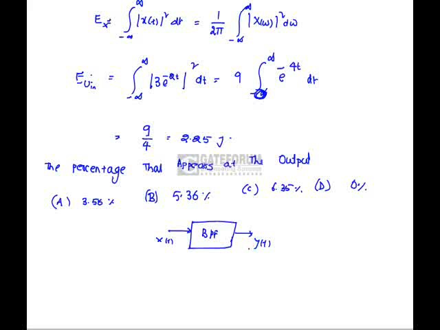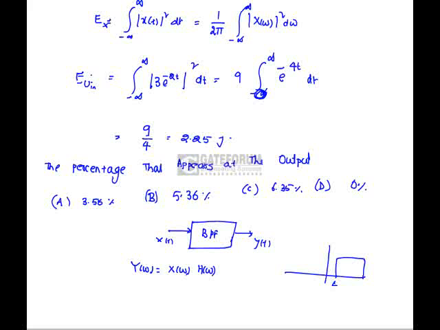Then we have to find out what portion of x of t is appearing at the output of the filter. We know that y of omega is x of omega times h of omega. Here h of omega is a bandpass filter, 2 Hz to 6 Hz.